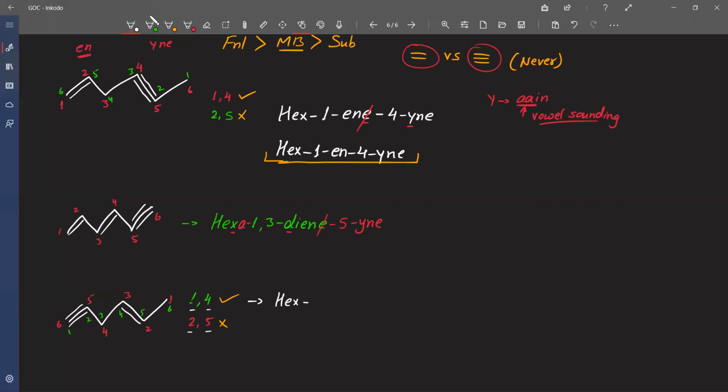Either 1, 4 or 2, 5. Hex-4-en-1-yne. Hex-4-en-1-yne. Correct?